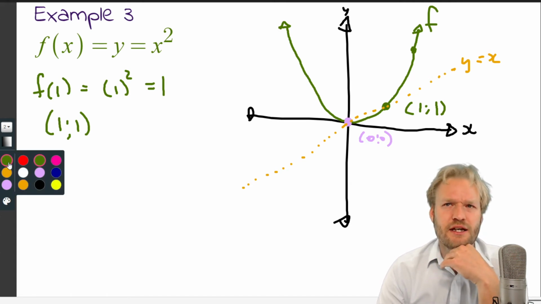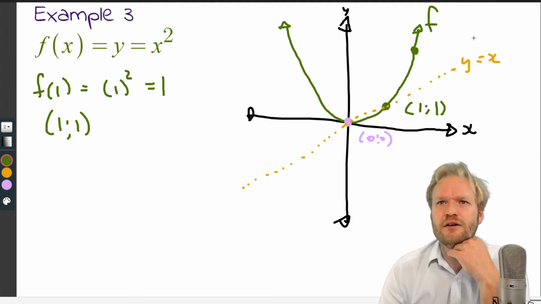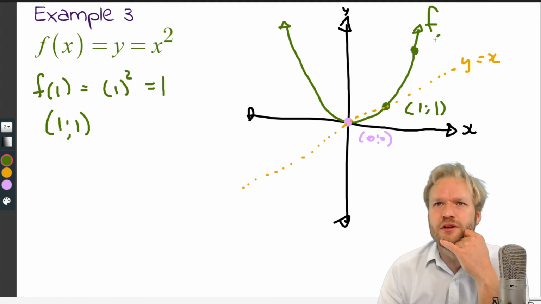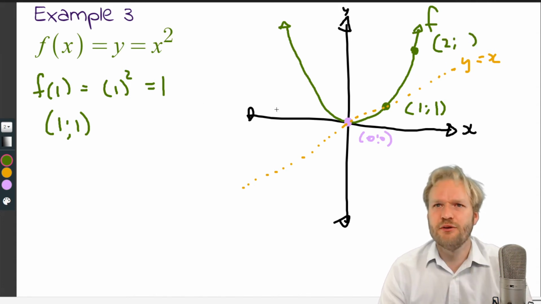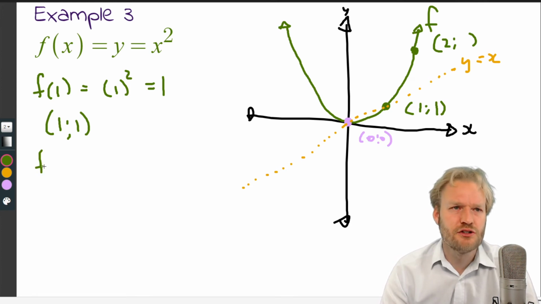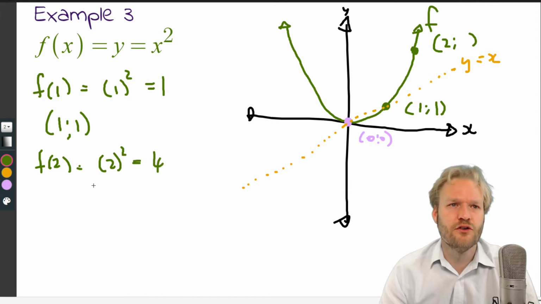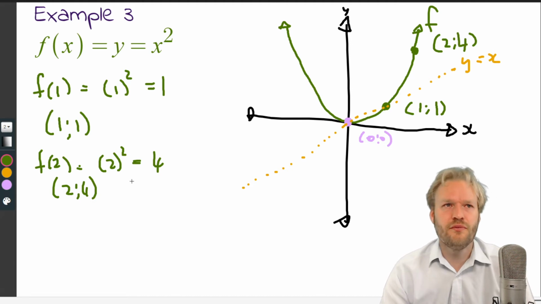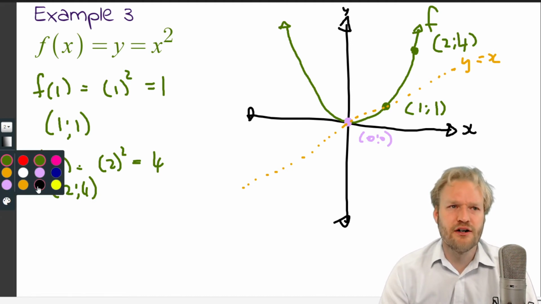But let's maybe take this other point I wanted up here and just choose a point. This looks like about x equals 2. Let's see what that point would become. So f of 2 is 2 squared equals 4. So in other words, 2, 4 on this function. Now let's get to plotting our inverse.